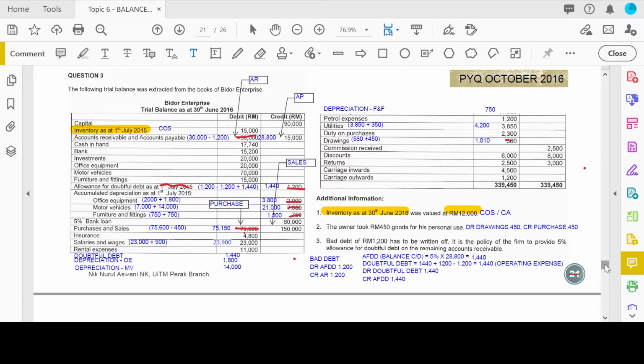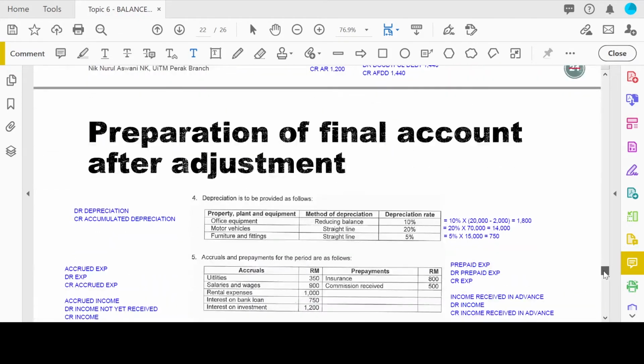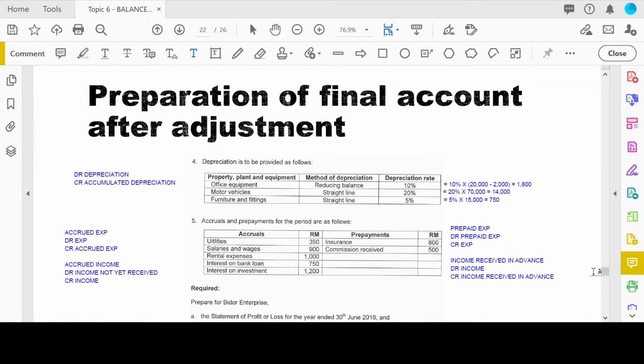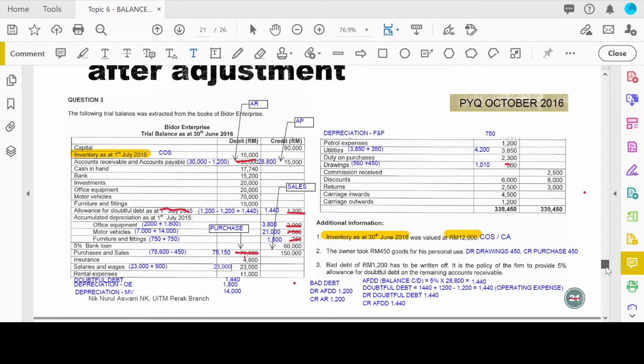Before I forget, for adjustment, we only debit the expense, but so far we did not credit any accrued expense. So I'm going to do that now. Just now I added to the utilities because utilities are understated by 350, but because this is an accrued expense, I have to create a new account.